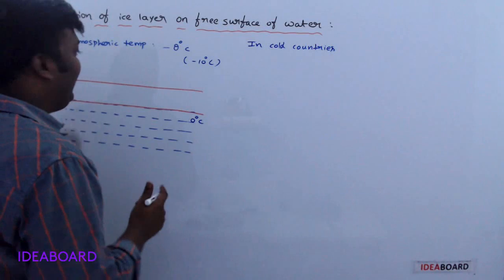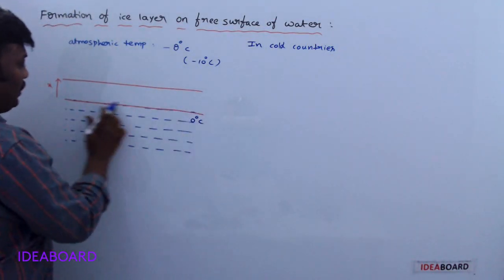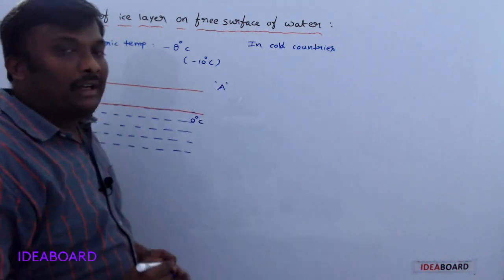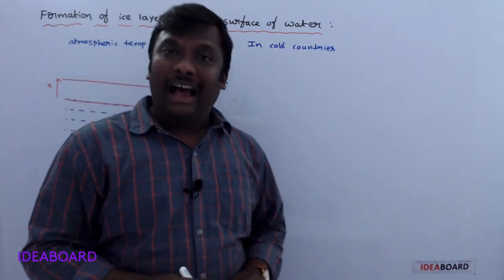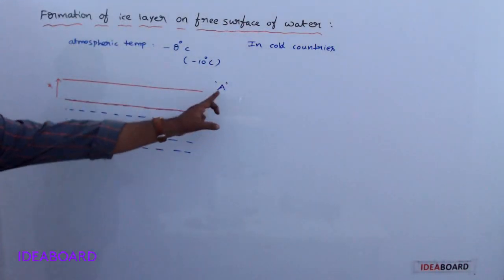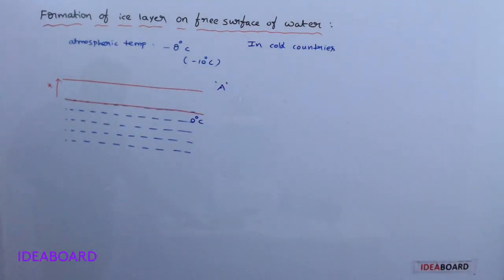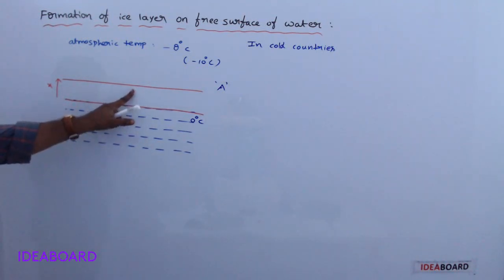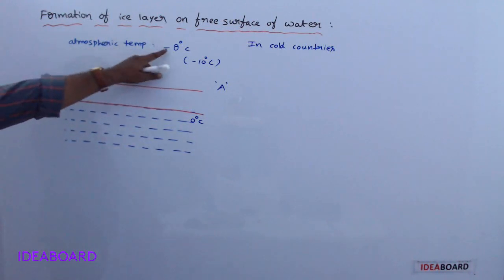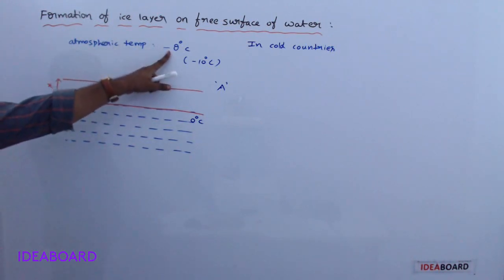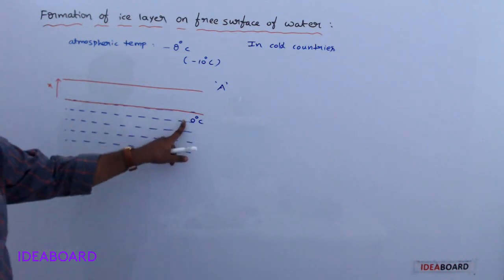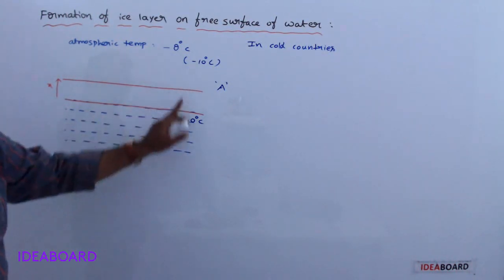Now let the area of cross section of this ice layer be capital A. For the ice slab, the upper layer is maintained at a temperature of minus theta degree Celsius and the lower part is maintained at 0 degree Celsius. So which temperature is more? 0 or minus 10? 0.